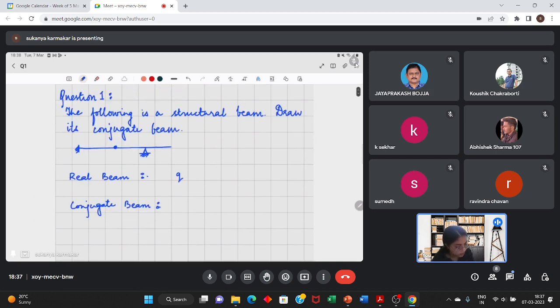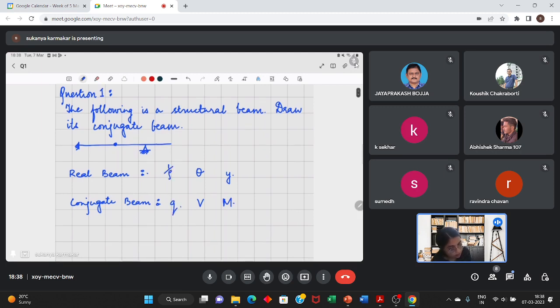So the load in real beam is related to the curvature in conjugate beam, or the other way around. I should have written: the shear in conjugate beam is equal to the slope in real beam. The deflection in real beam is equal to the moment in conjugate beam, and the load in conjugate beam is nothing but the curvature of real beam.